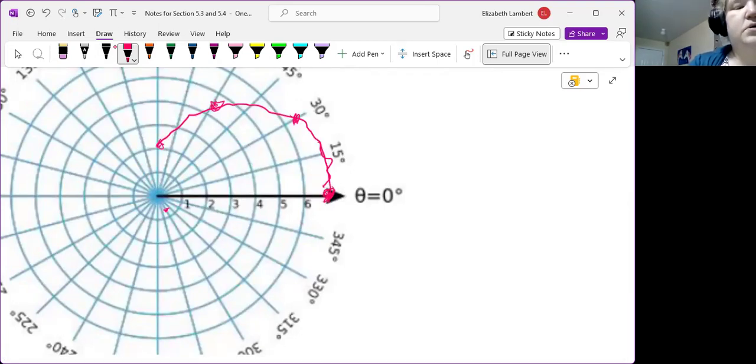So there's probably still a few more positive points in there. Like it's not all hugging the line, but I can't draw.